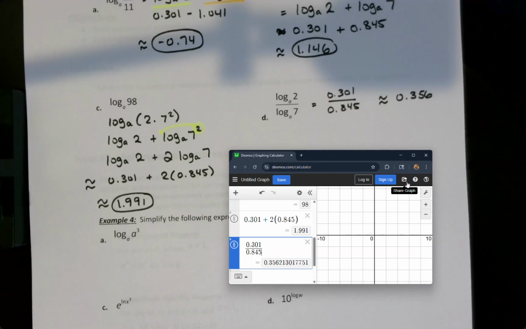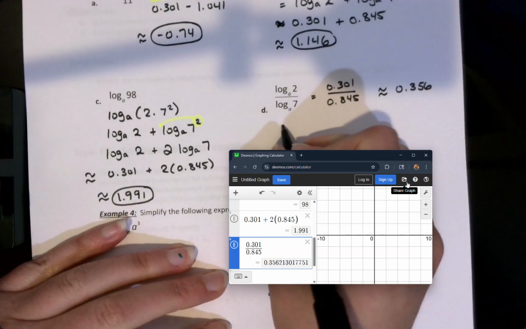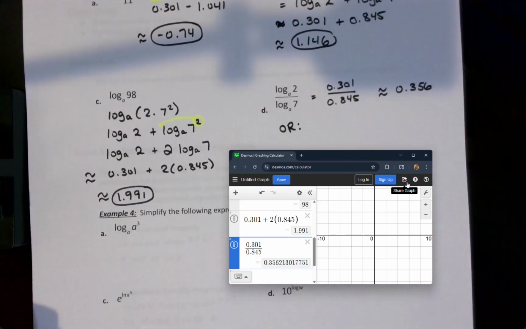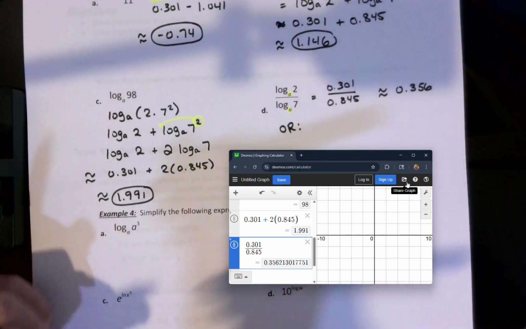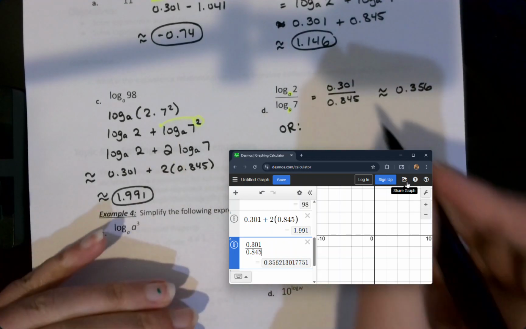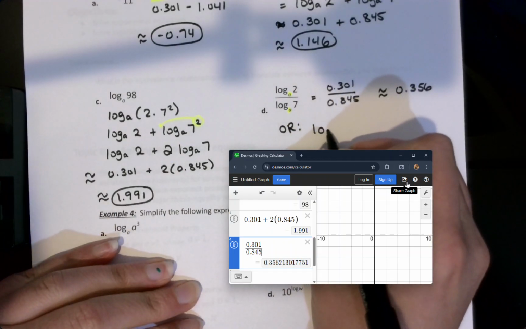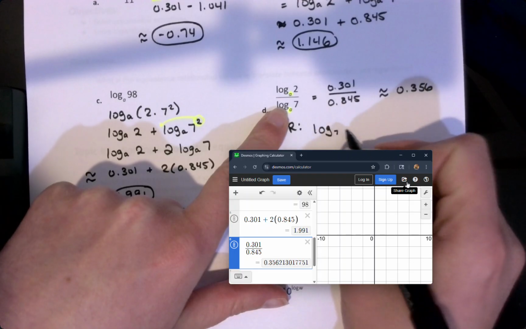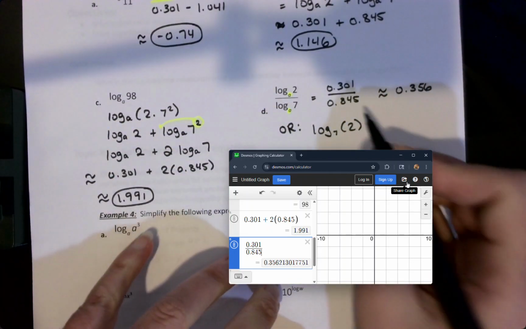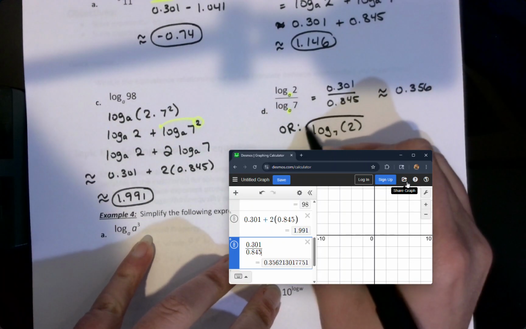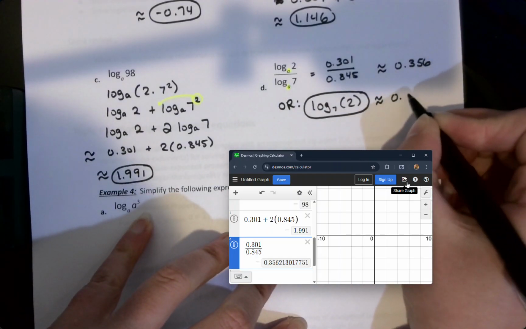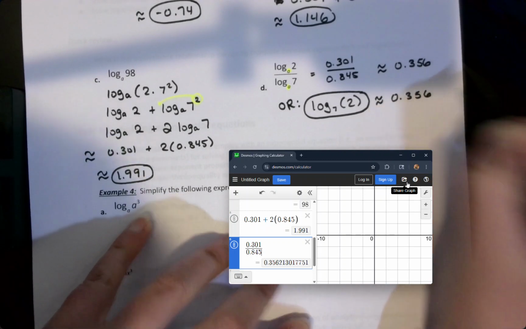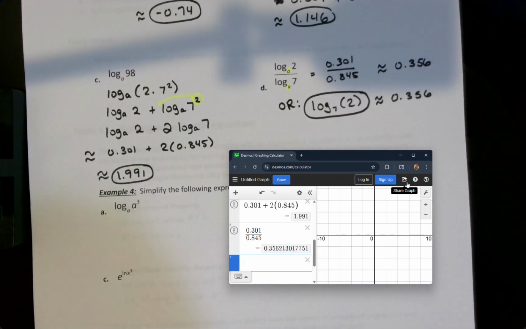Alternatively, I could use the change of base formula on this, and since I have a base A on both of these, rewrite this as the logarithm base 7 of 2. So that would actually be the exact value on this one, and that should be approximately equal to the 0.356. So let's check it.